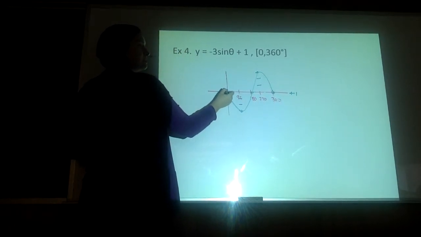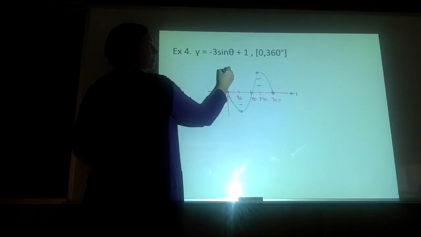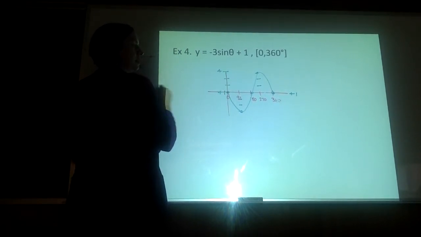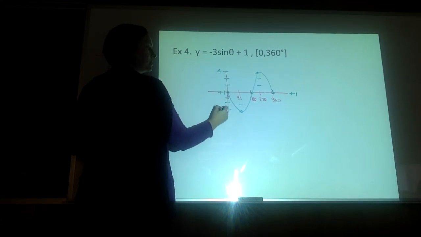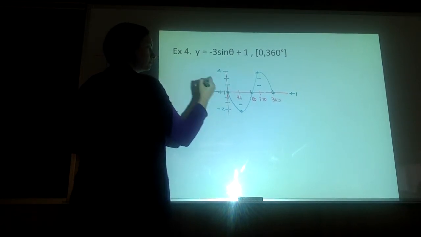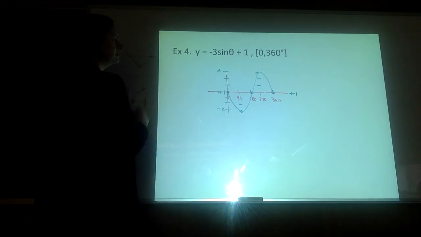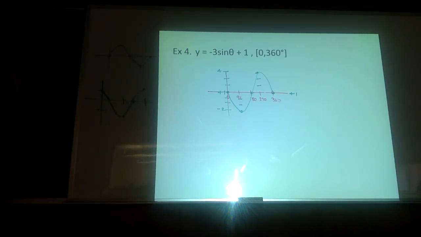However, notice if this is +1, 2, 3, this is going to go all the way up to 4. +1, 1, 2, 3, this is going to go down to -2. So your max would be 4, your minimum would be -2, and you would have your graph.